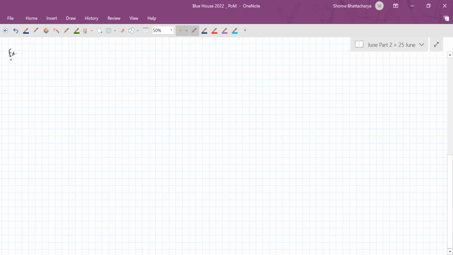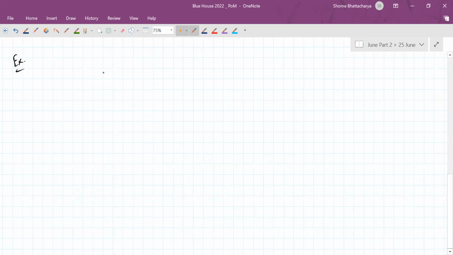So this is a question from H.C. Verma. It is a variation of the standard Venturi meter.